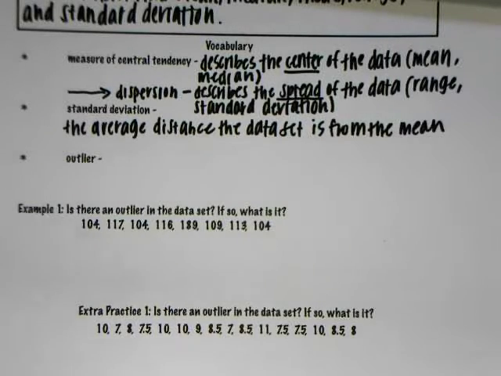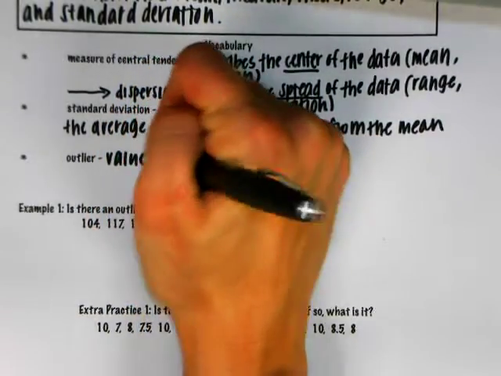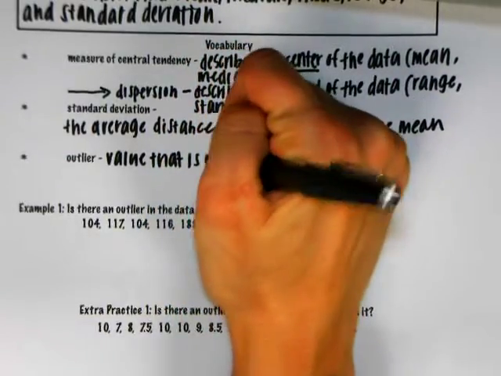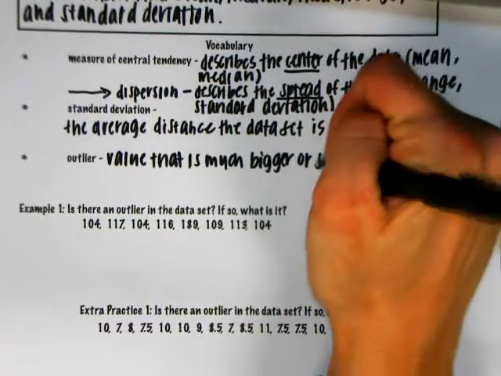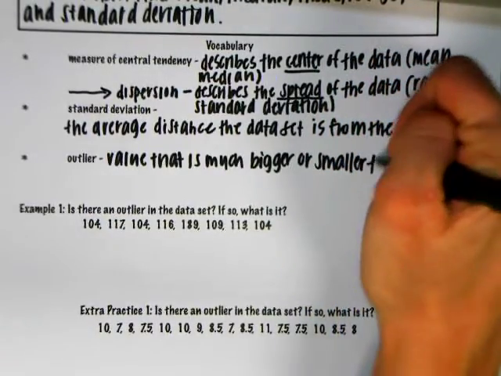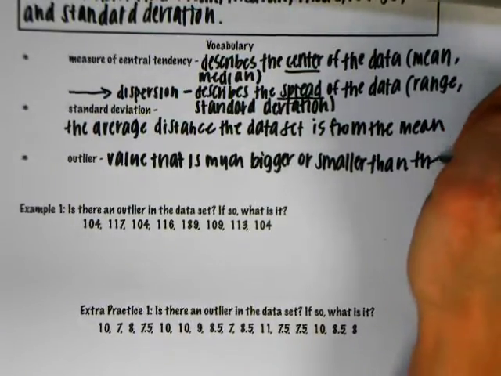And then an outlier is a value that is much bigger or smaller than the rest of the data.